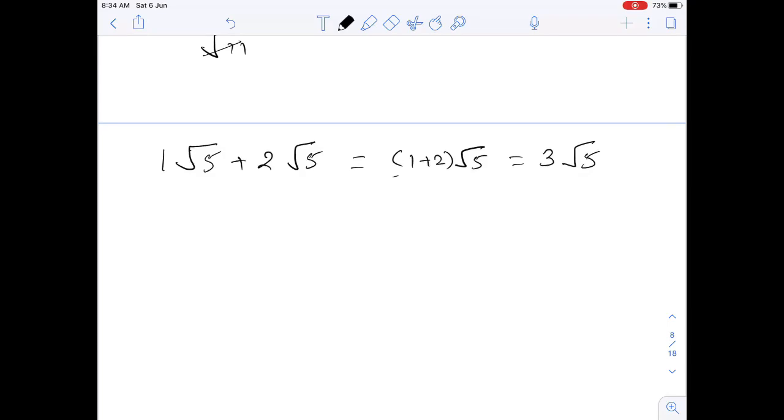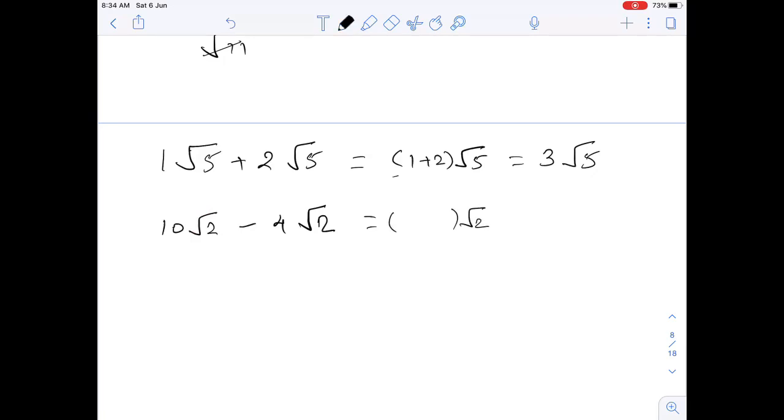Now let us see subtraction of this type of numbers. Suppose it is given 10 root 2 minus 4 root 2. Now here we can check, root 2 is present here, root 2 is present here, so we can take that root 2 out of the bracket.